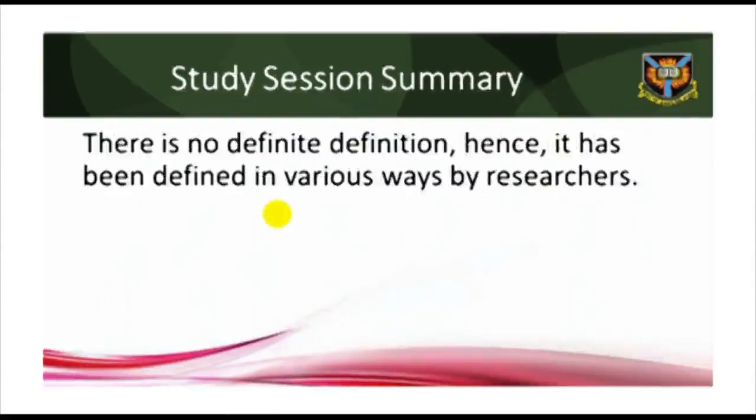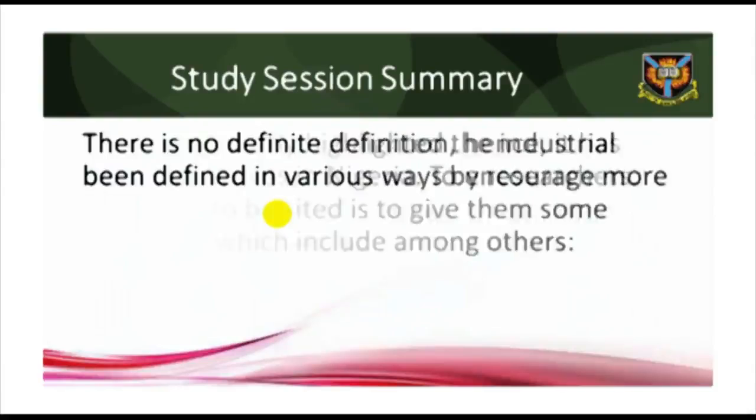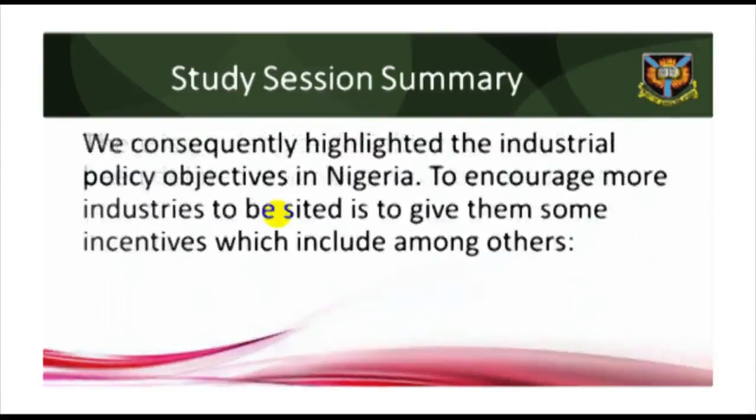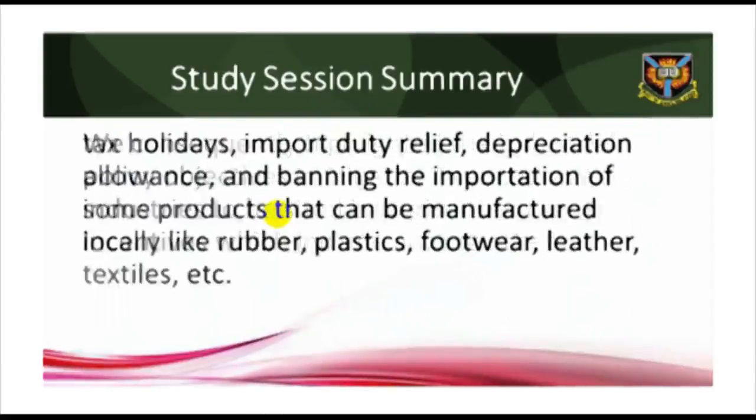One of such definitions sees industrialization as a process of transforming raw materials with the aid of human resources and capital goods into A. Consumer goods, B. New capital goods, which allow more consumer goods to be produced with the same human resources, and C. Social overhead capital, which together with human resources provides services to both individuals and businesses.